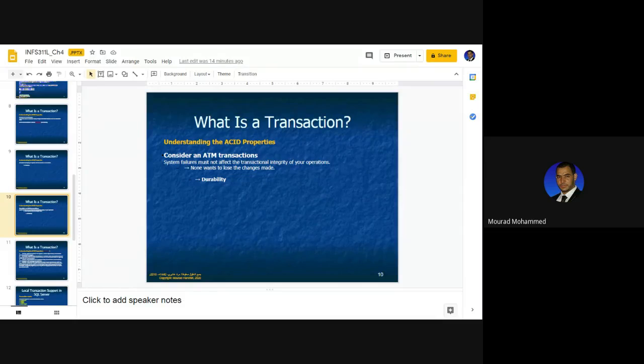Meaning if user 1 wishes to execute his transaction, the system has to execute the list of transactions for user 1 with respect to the atomic property, the consistency property, and the isolation property.